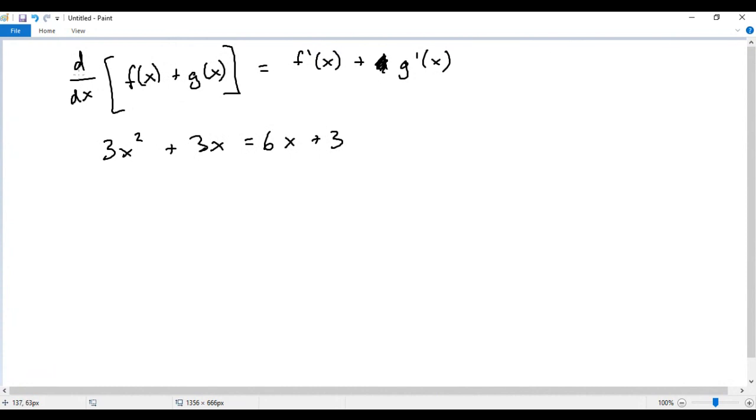That's easy enough. And we also have a few derivatives of trigonometric functions. So the derivative of sine of x is equal to cosine of x.